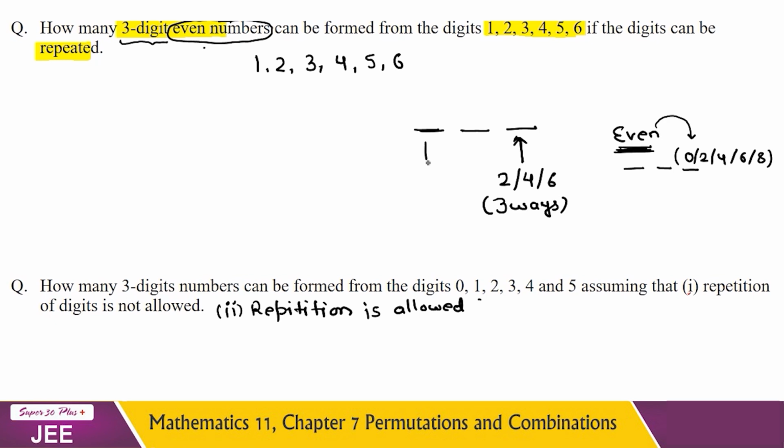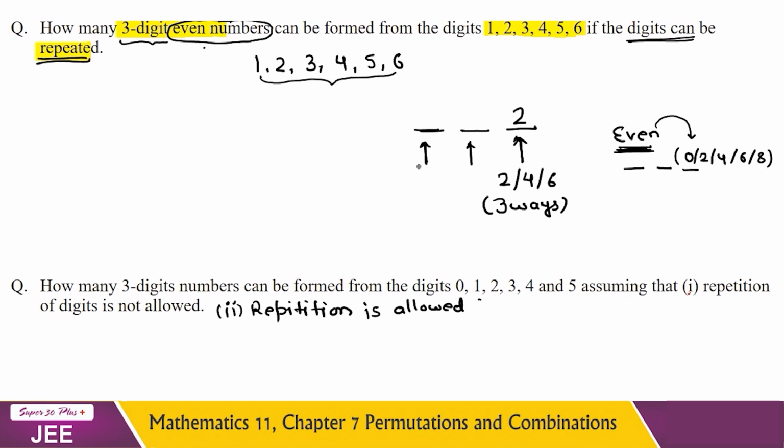Now coming to the first position and second position. Let us suppose when I was making an even number, I had filled the last place or third place with the number 2. Now since repetition is allowed, as it is given in the question that digits can be repeated, I can have at this place any one of these 6 numbers.